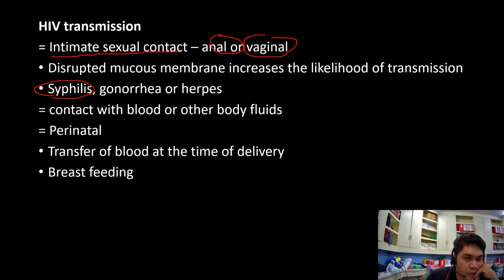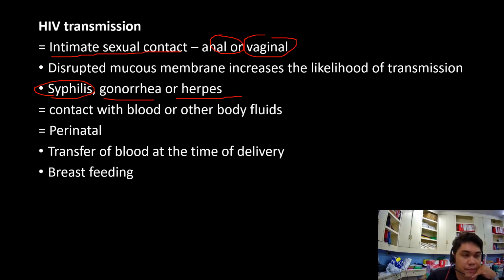Another is gonorrhea, and herpes. It's because of the disrupted mucous membrane. Next is contact with blood and other body fluids. For example, blood transfusion and needle stick injury can also be ways to transmit HIV.